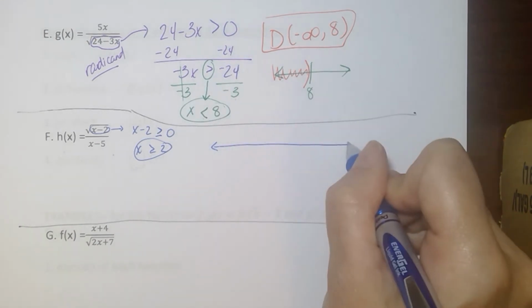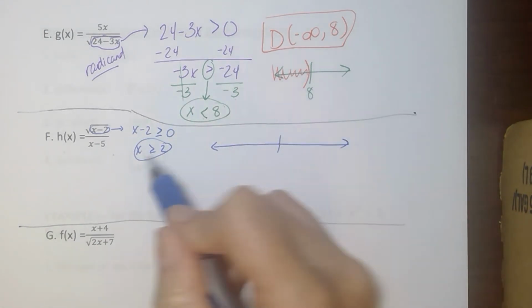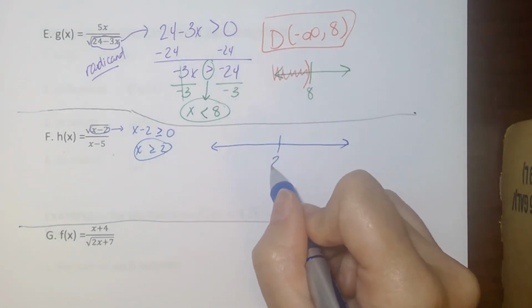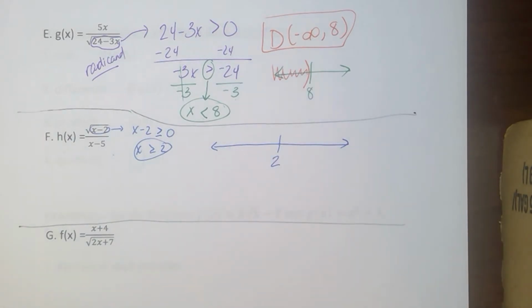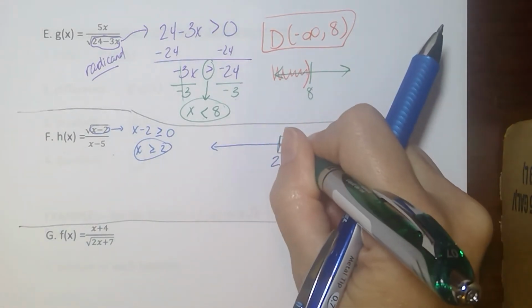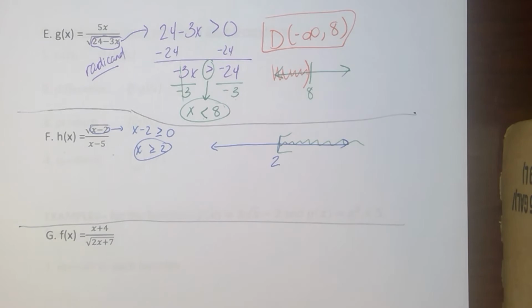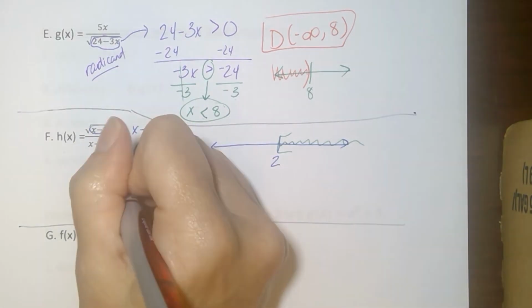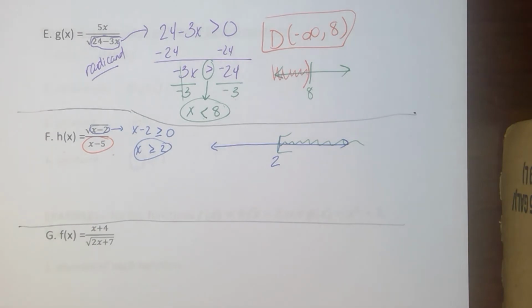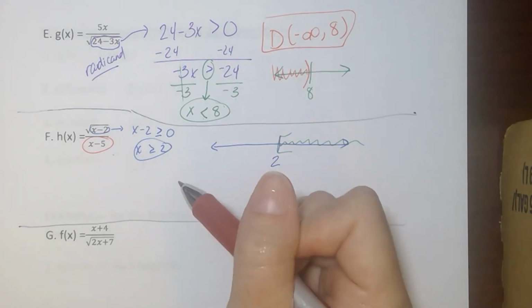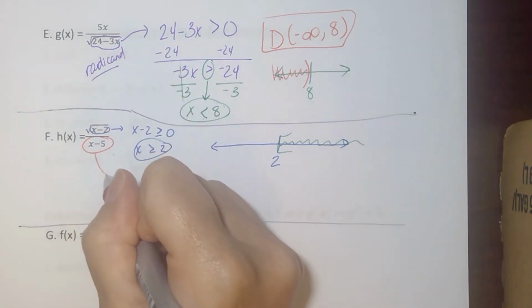That's where I start thinking about my domain. I'm limiting it to x values that are greater than or equal to 2. So I've got this limitation from my numerator. I also, however, have a limitation in my denominator. Division by 0 is undefined. So anything that causes me to have a 0 in my denominator is going to have to be kicked out of my domain.